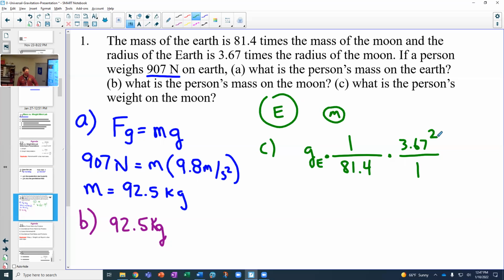Yeah. So if I go ahead and plug in 9.8, divide it by 81.4, so g of the moon would be equal to 9.8 times those two proportional ratios. So what does the g for the moon end up being?